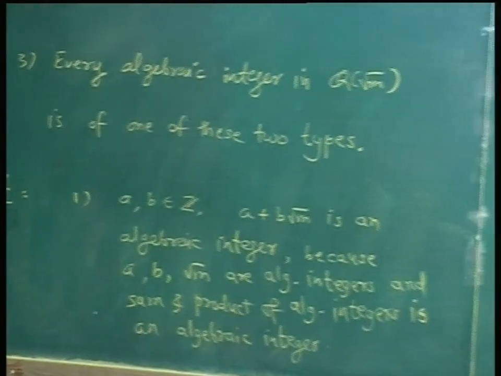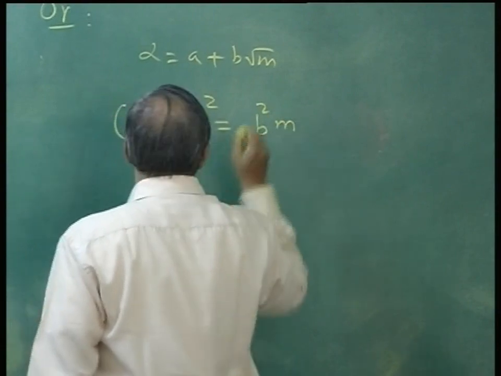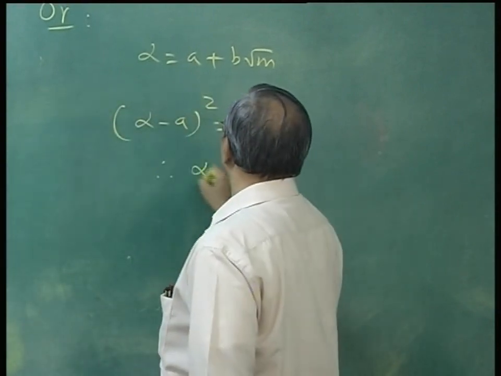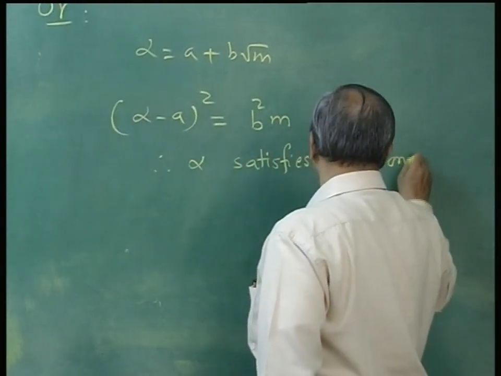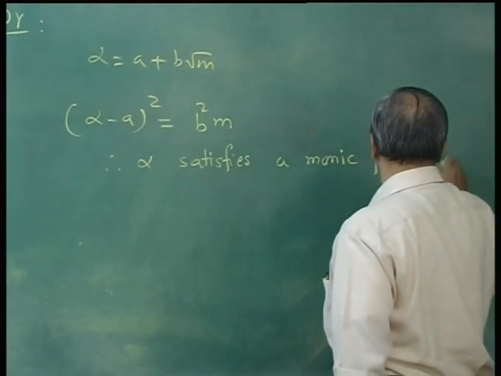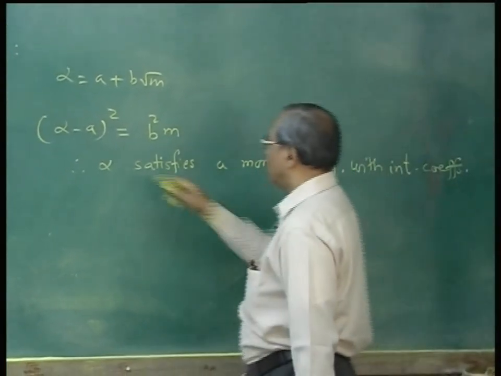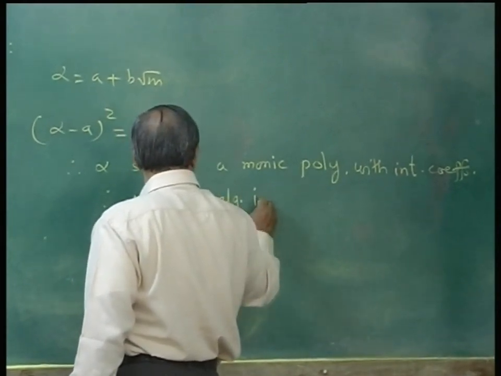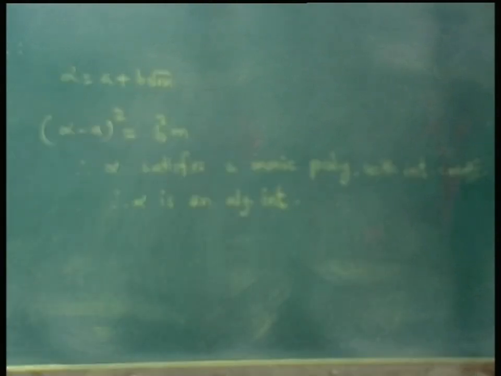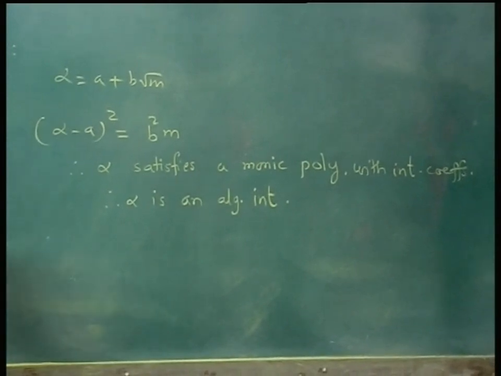Or alpha equal to a plus b root m, alpha minus a square equal to b square into m, and therefore alpha satisfies a monic polynomial with integer coefficients, and therefore alpha is an algebraic integer. This is for any m.